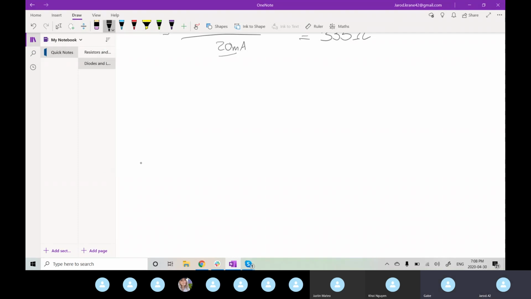Do we get to pick our own LED on DigiKey? We can go through, pick your own LED, or I can send. I can pull up an LED and make you find the values. Or do people want to do more?